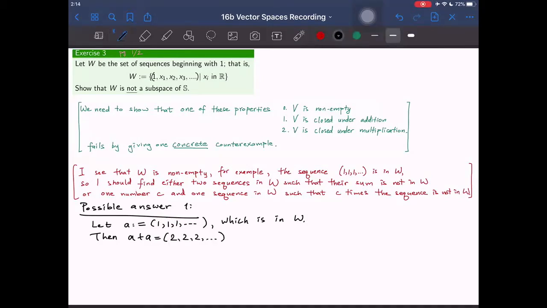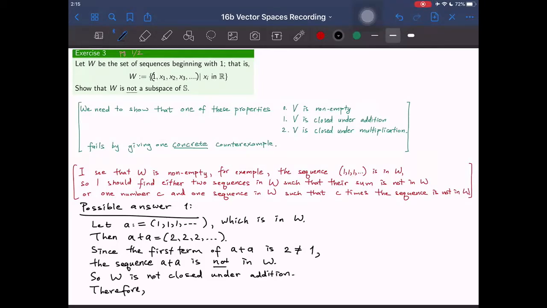This gives me a sequence where all entries are 2. Since the first term of the sequence A plus A is 2, which is not equal to 1, the sequence A plus A is not in W, so W is not closed under addition. Therefore, W is not a subspace.